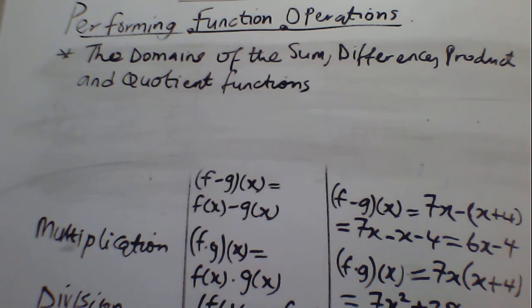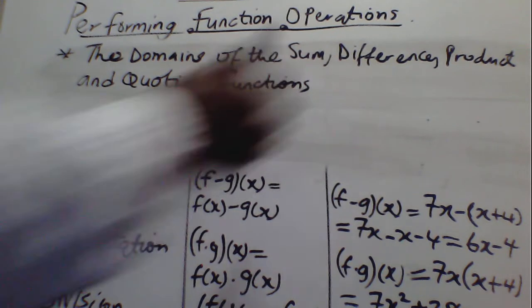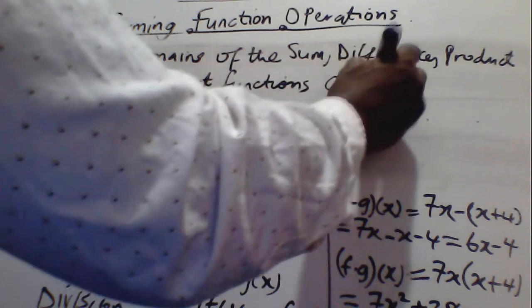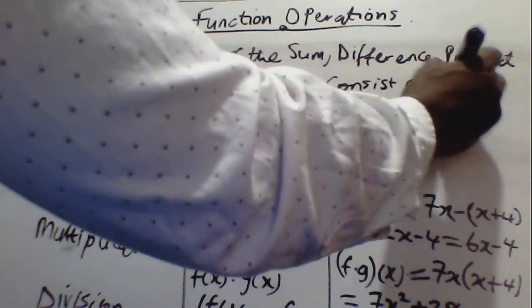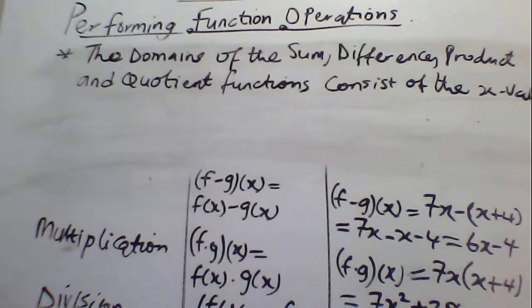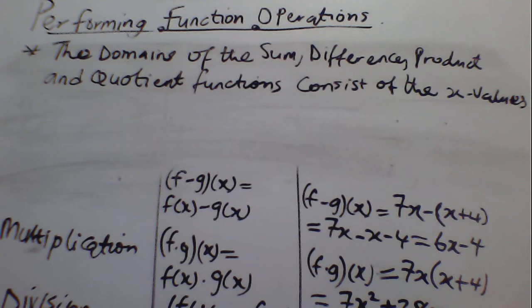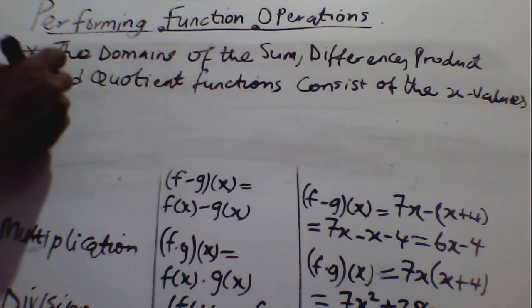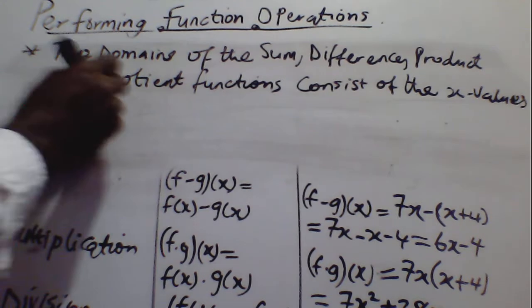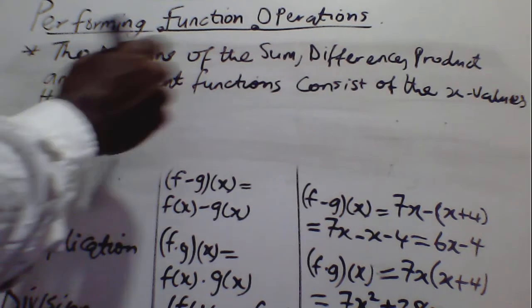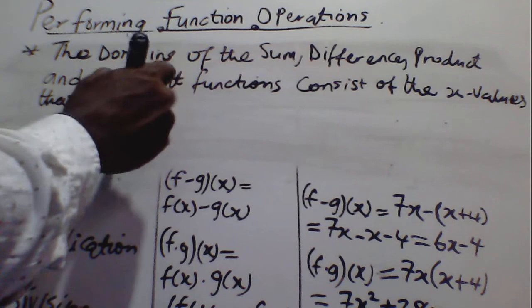Domains of this consist of the x values that are in the domains of both f and g. I hope you are following. Consists of what? The x values that are in the domains of both f and g.